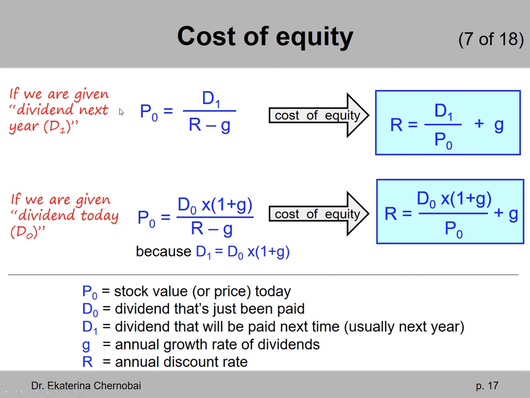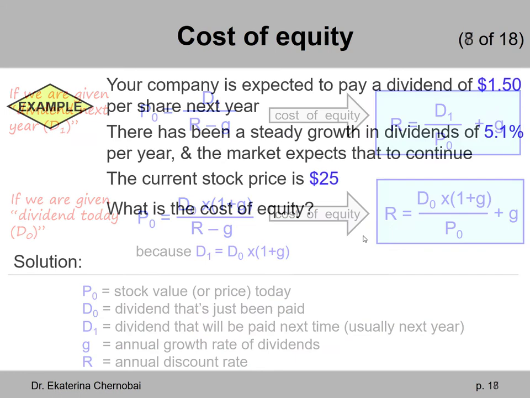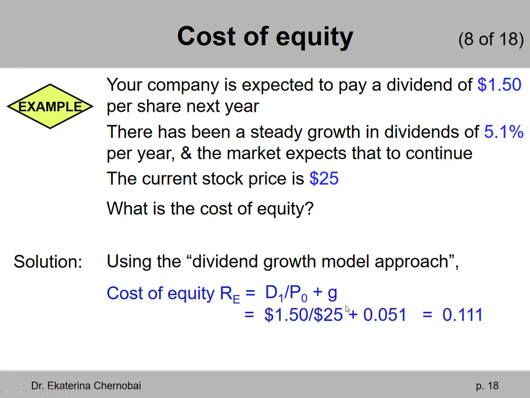We use the first one of the two versions of the formula to find the cost of equity, the one that says D1 over P0, and then you add lowercase g. So we are using this formula, and we just plug in all the numbers. No tricks here. The difficult part was, I guess, figuring out the right formula to use. And you just plug and check.